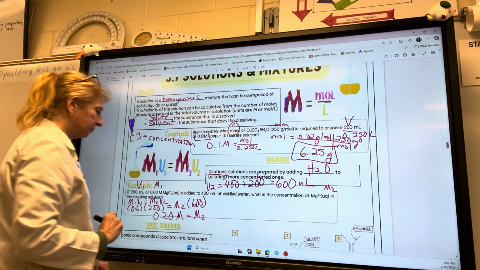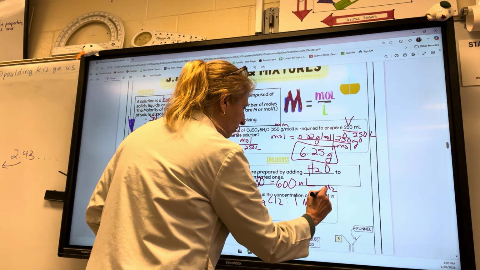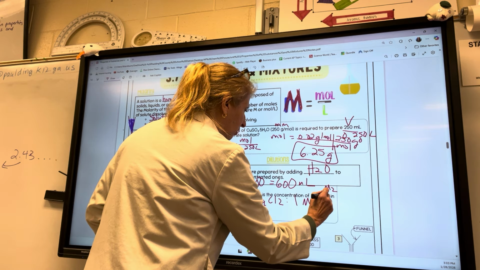So what you have to do is look at the ratio. For every one magnesium chloride, there is one magnesium ion.